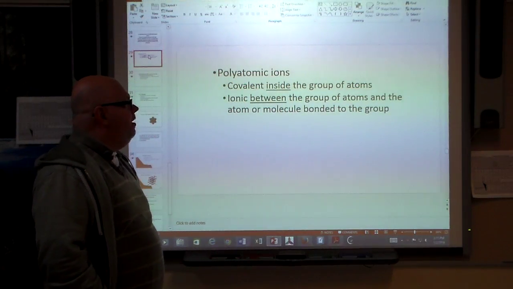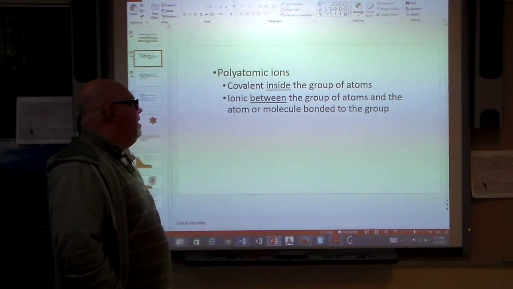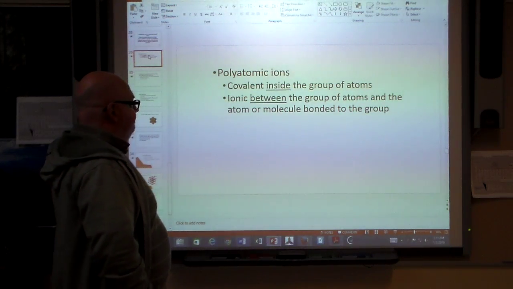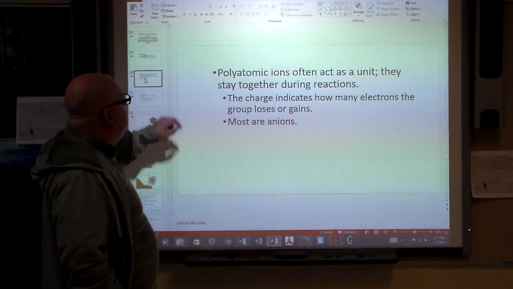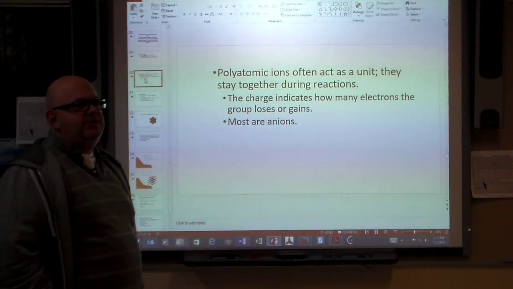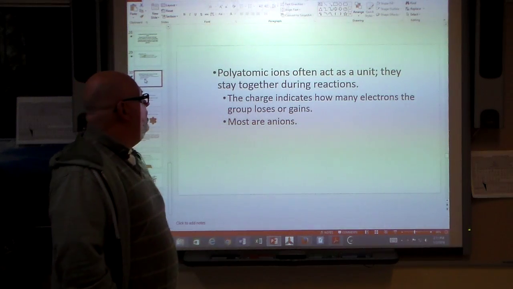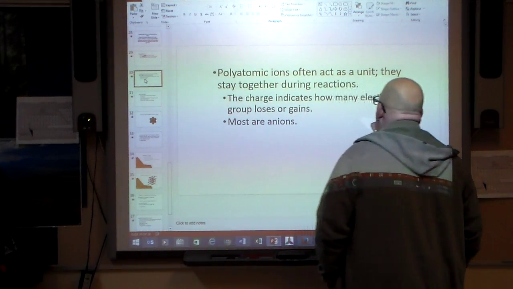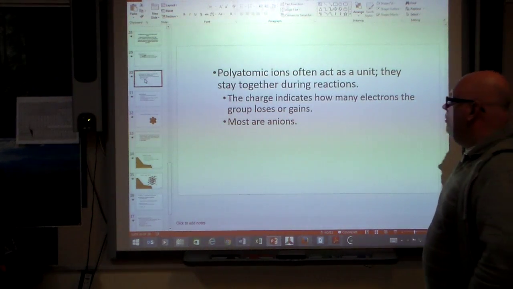So, polyatomic ions often act as a unit. They typically stay together during reactions. The charge indicates how many electrons the group loses or gains.